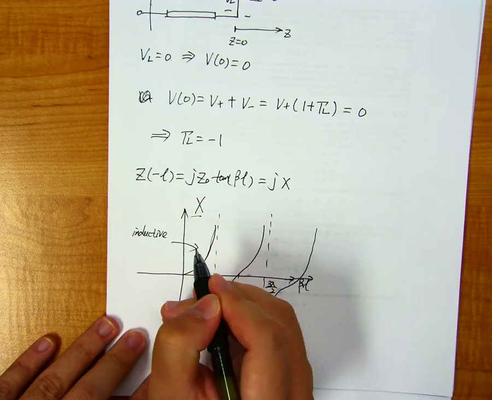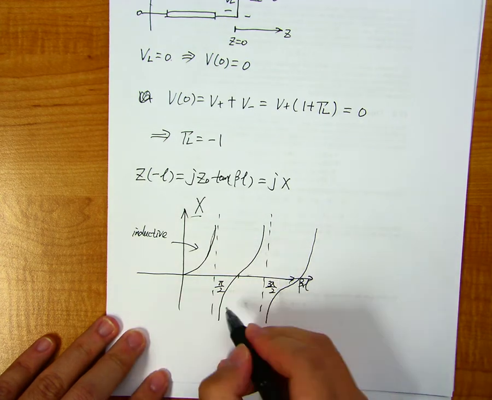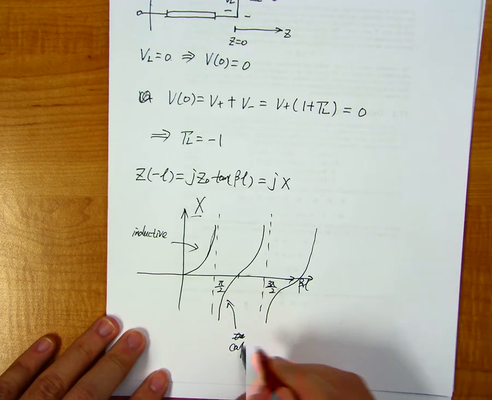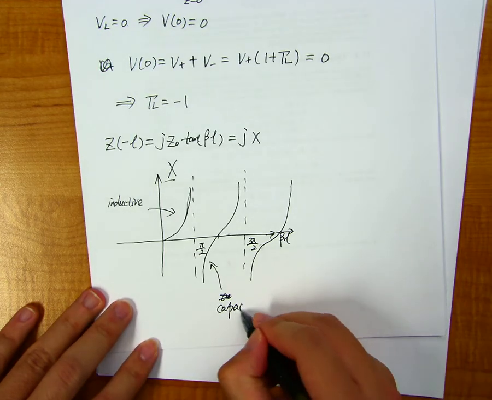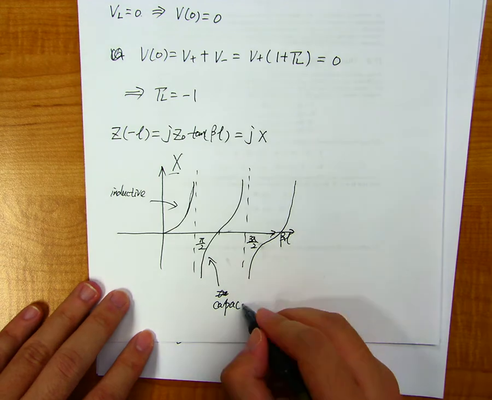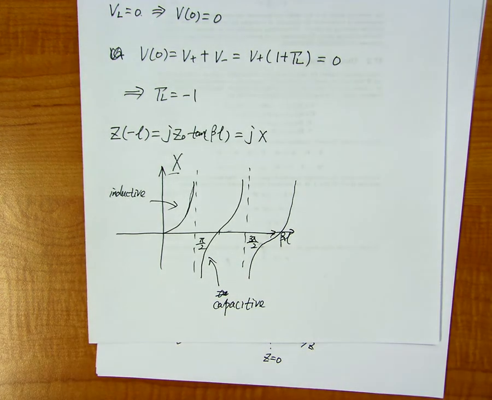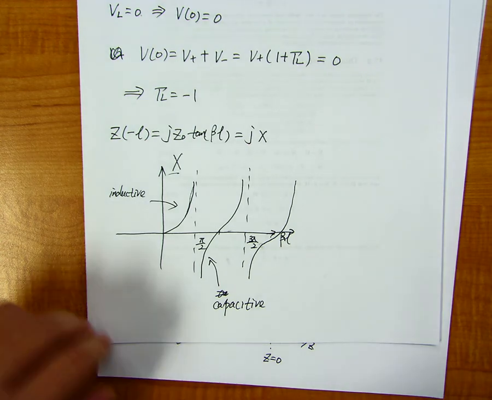This is inductive reactance, right? And this is capacitive reactance. So this transmission line will behave like inductor and then capacitor, inductor, capacitor, depending on the electrical length beta L.